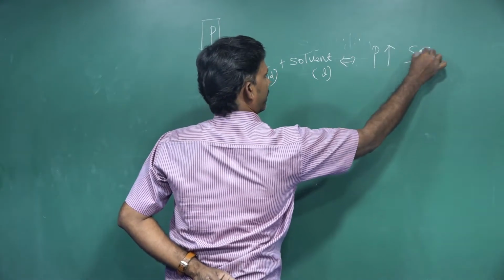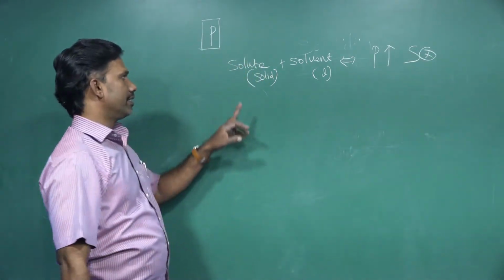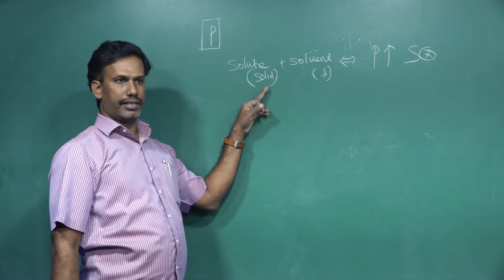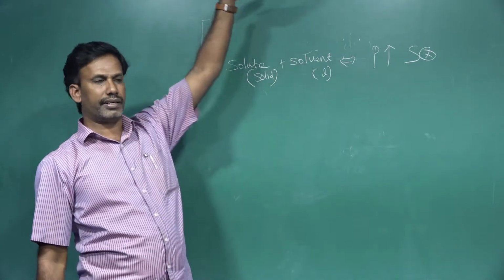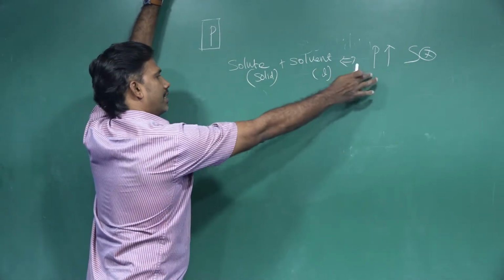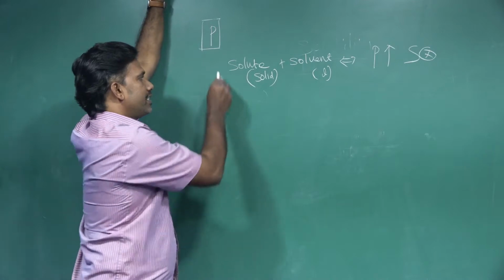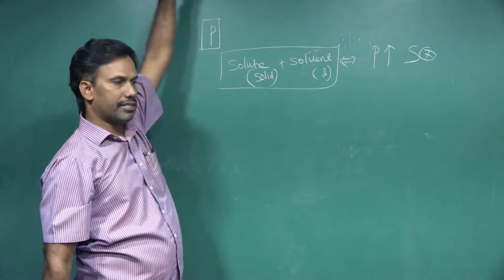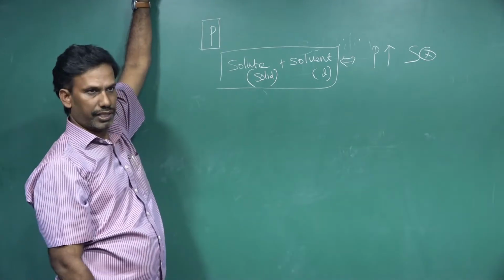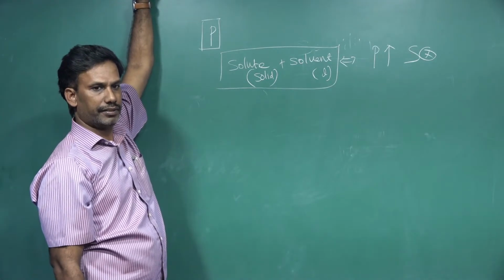There is no effect on solubility, because a solid solute cannot easily be compressed. When the solute is in a solid state and the solvent is a liquid, mostly there is no effect of pressure.